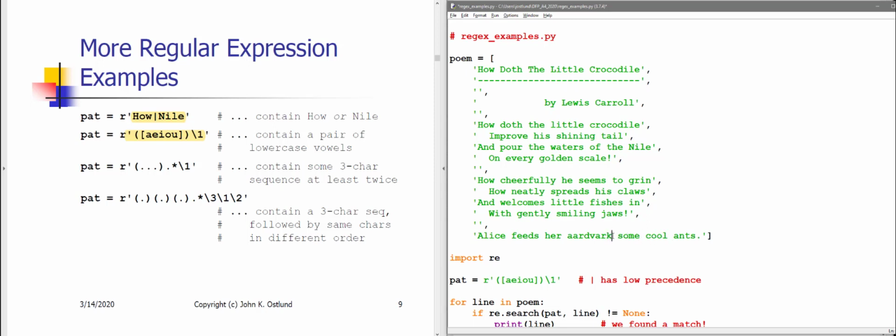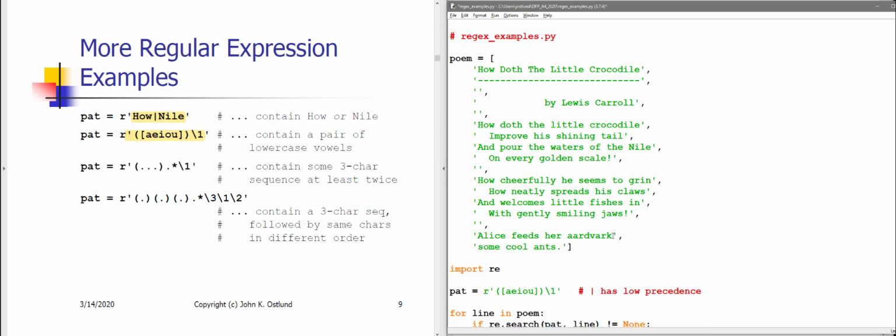And actually, I should make these two separate lines. All right. So now, what? This is going to match feeds. I wanted to match aardvark. So Alice gives her aardvark some. I have to have this be legitimate English. Okay, so that's stupid, but here we go.